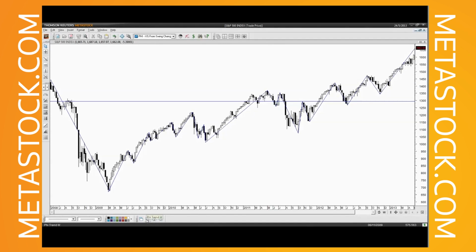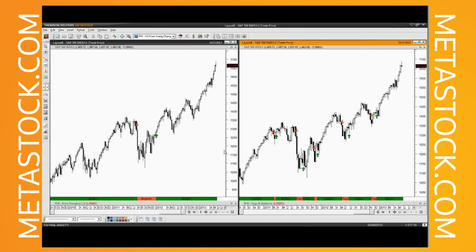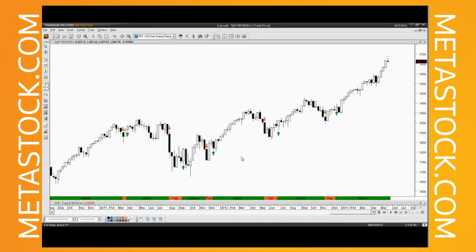So over here I have created one such tool that you can create, and if we take for example this part where you see we have an arrow up. What does the arrow up mean? It means that you have a bottom, yes? That means that the last point here is your bottom.